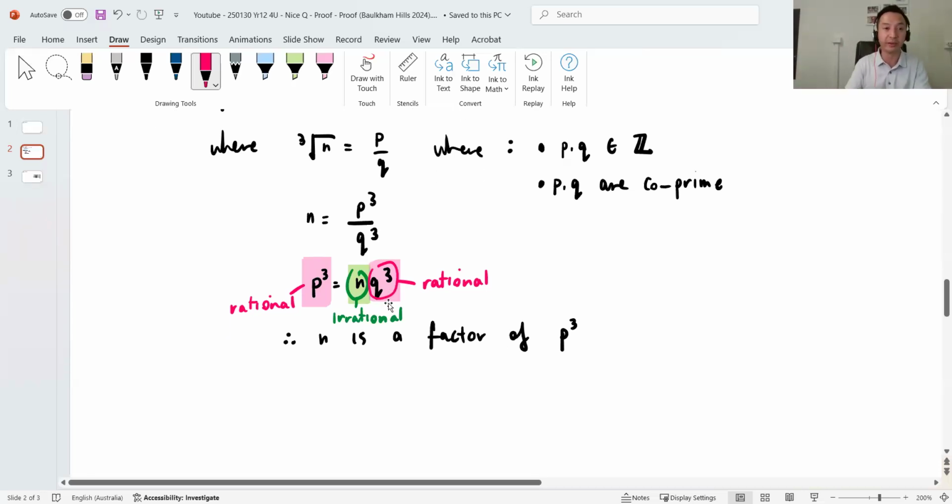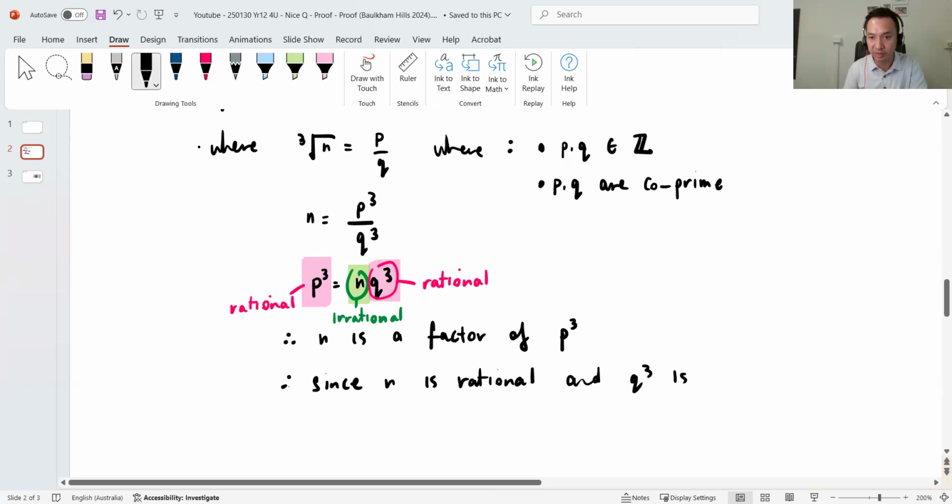So therefore, since n is irrational, that's part of my let upstairs, and q cubed is rational, then n q cubed must be irrational, because when you multiply a rational with an irrational, it's irrational.